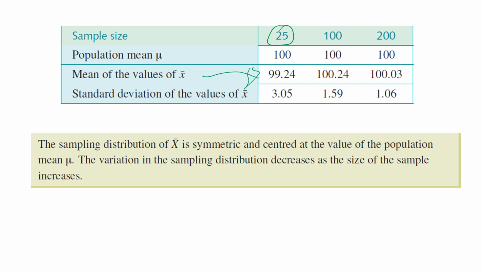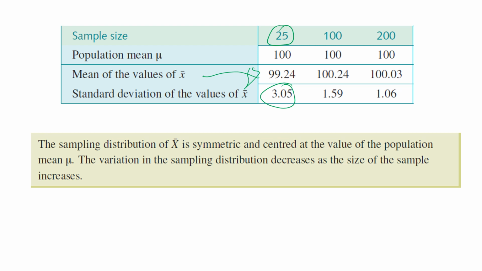So that becomes the center of our sampling distribution. Our sampling distribution is determined from samples of size 25. And as it turns out, the distribution of sample means drawn on samples of 25 has a reasonable spread from its center, of 3.05.